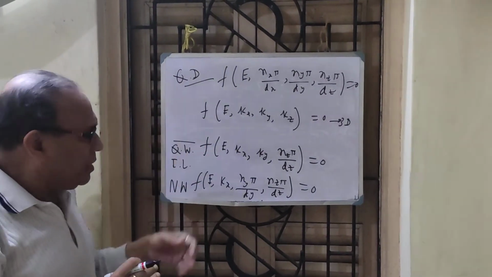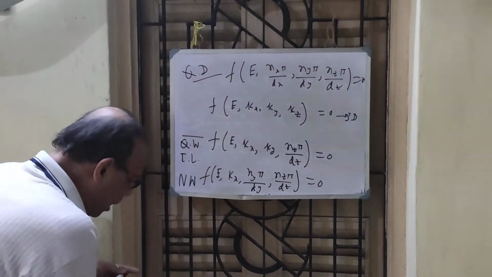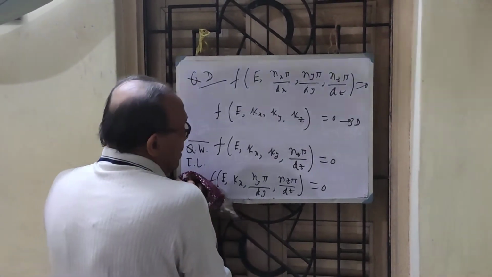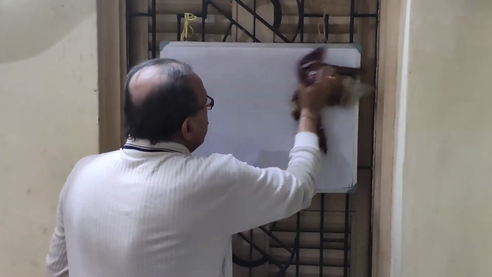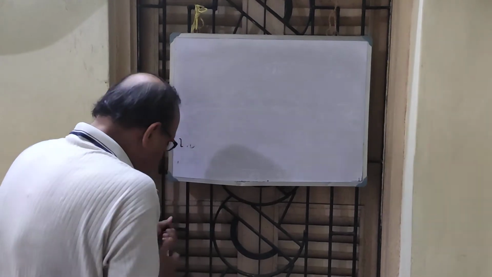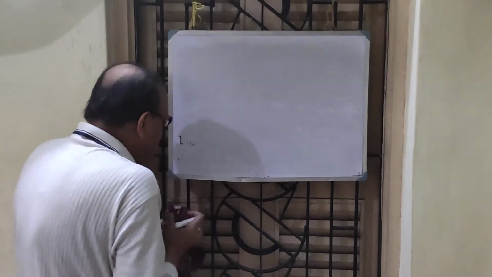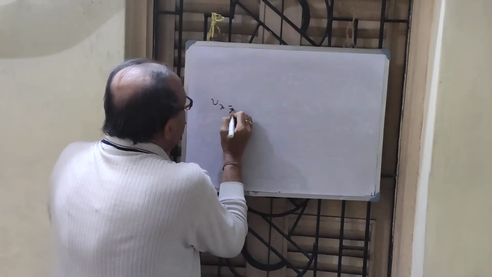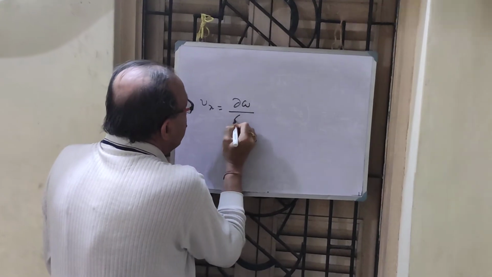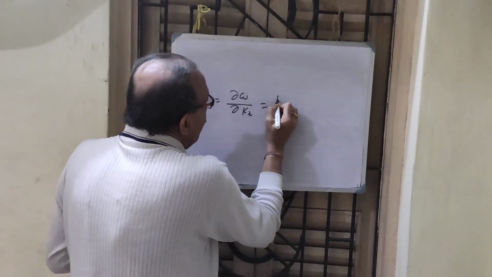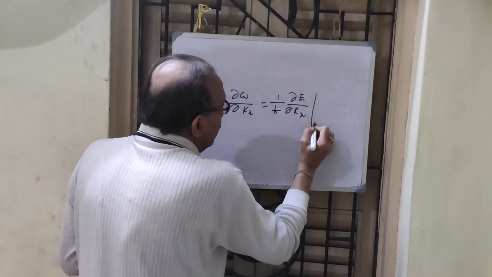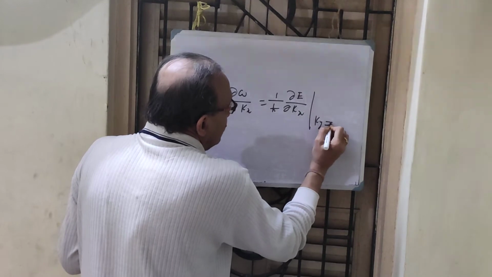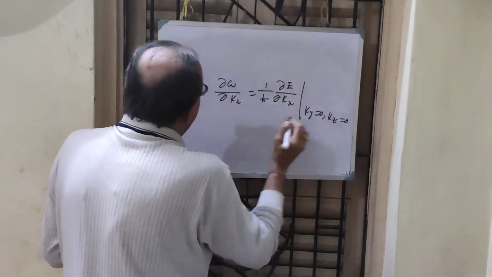Now, after this, basic electronic property comes as electron velocity. This part is very clear to you. This I want to tell again. That is electron velocity Vx along x direction. Vx is simply d omega by dkx, which is 1 by h bar dE by dkx, where ky equal to 0 and kz equal to 0.